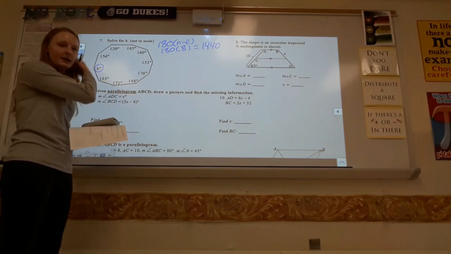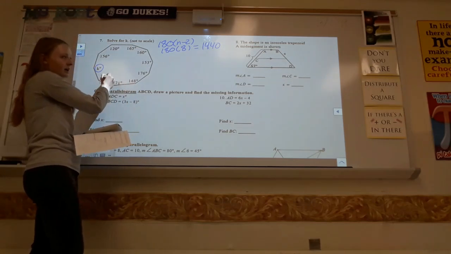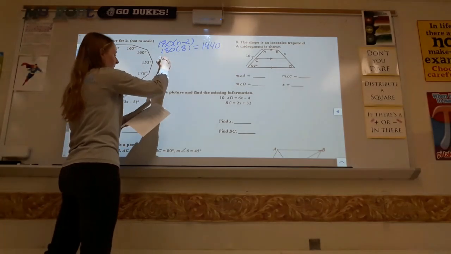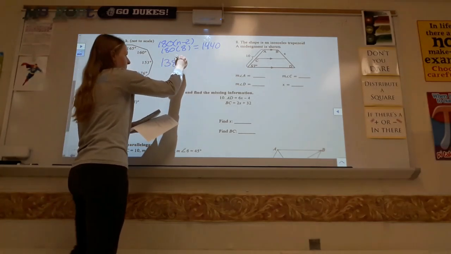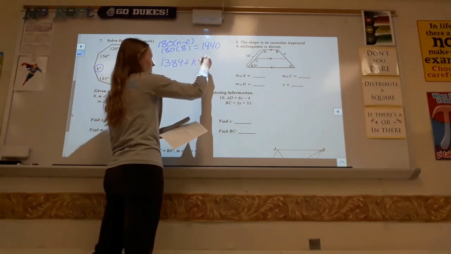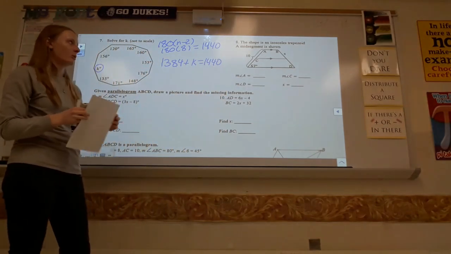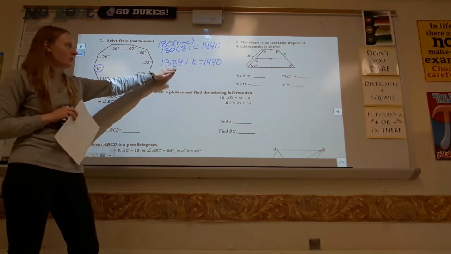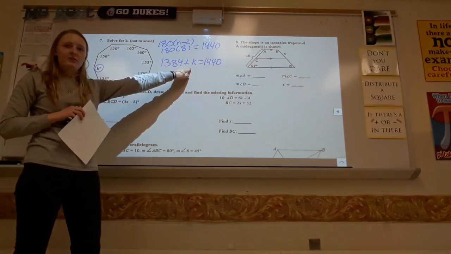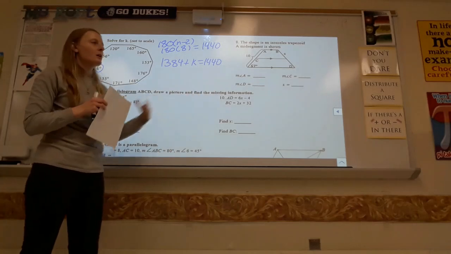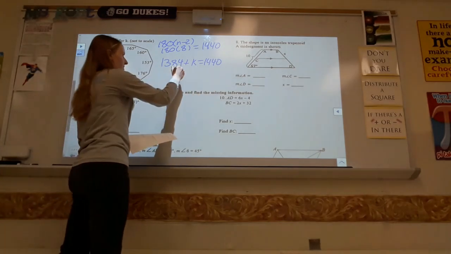So you guys can take a second, but add all of these angles together, everything except for K. Those all add up to this much. So the equation: I know that all of them should add to 1,440. I know that the ones that I have add up to this. Now I need to find K by just subtracting that. So K is going to be equal to 56.